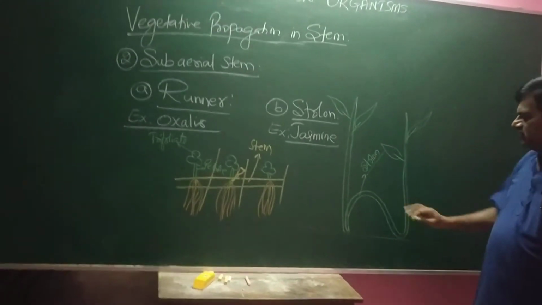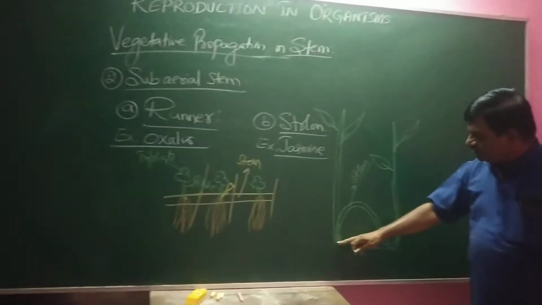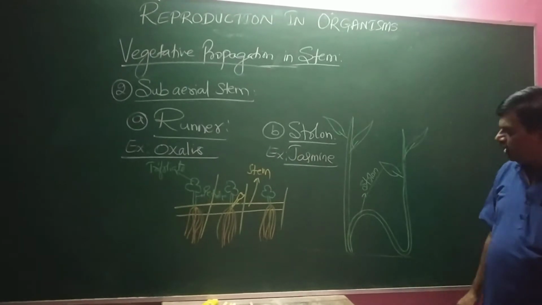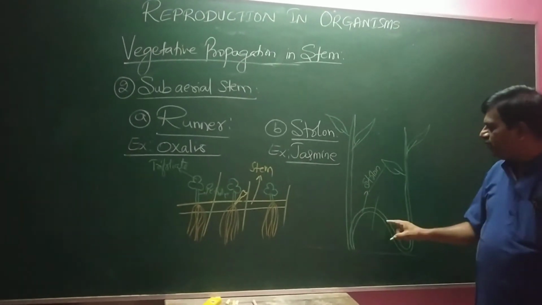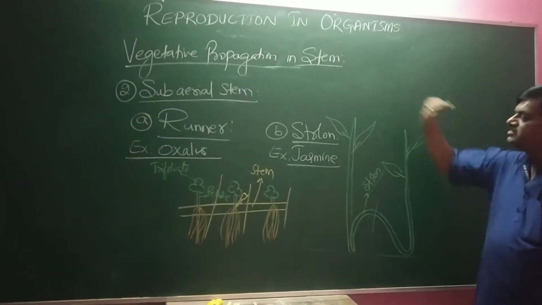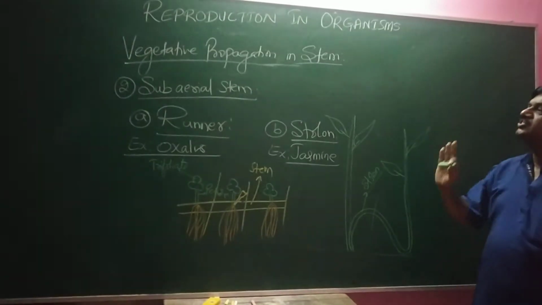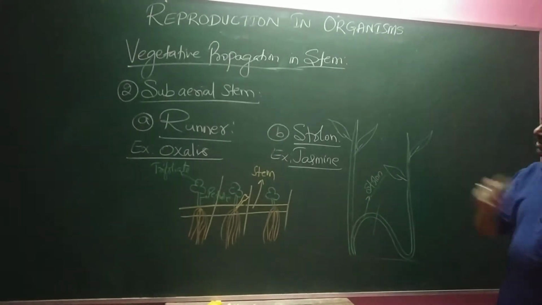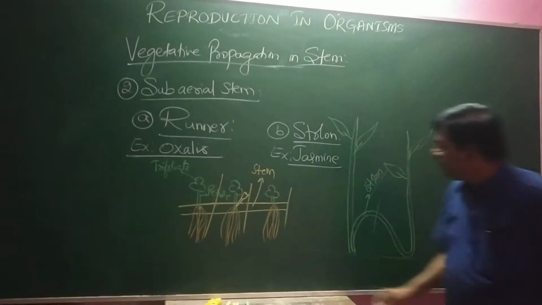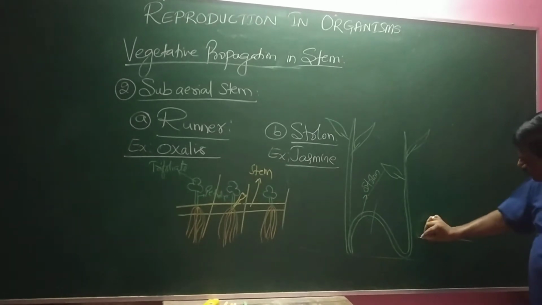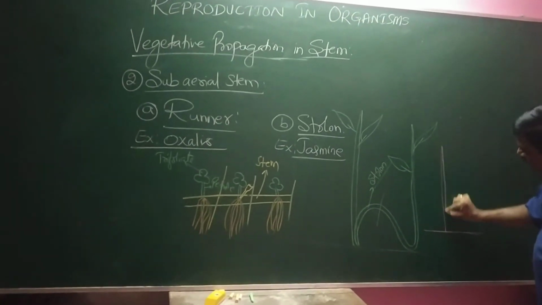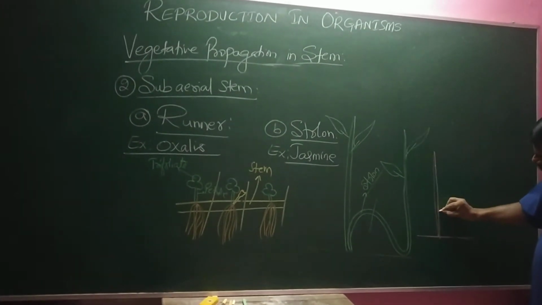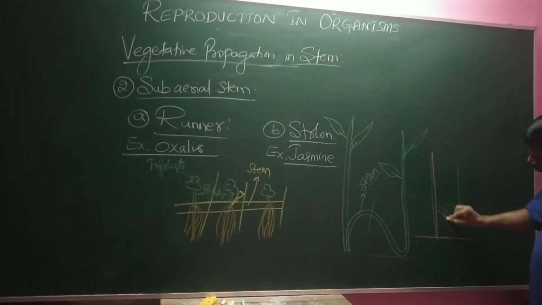I'll repeat this. In a jasmine, there is a presence of elevation. This elevation is called stolon. When we cut this into pieces, each piece gives rise to a new plant. Hence, this is also called vegetative propagation. For example, if the jasmine plant is kept horizontal and left as it is, one of the branches will come down and grow.